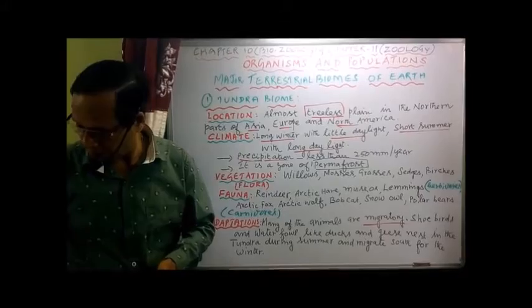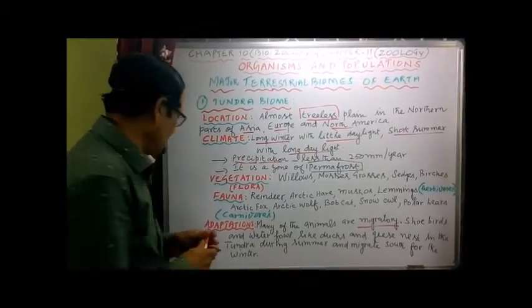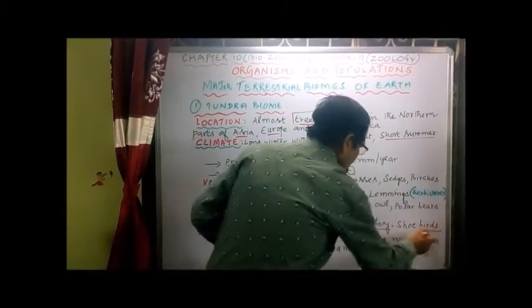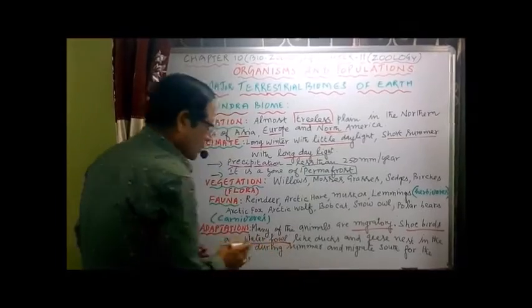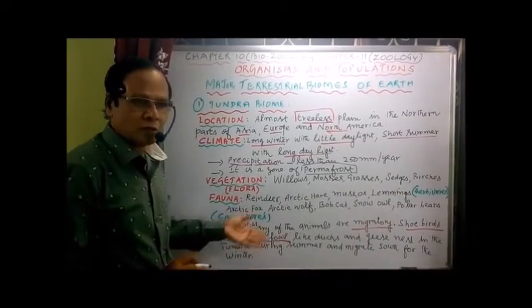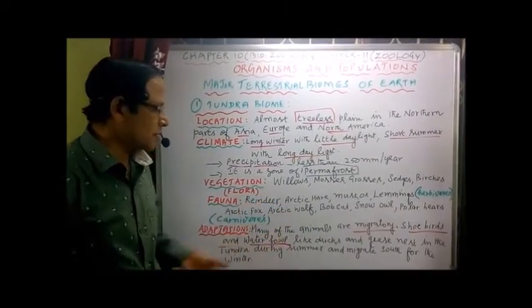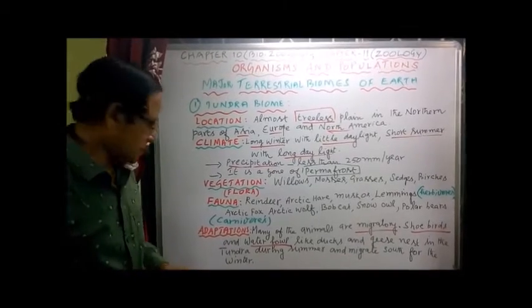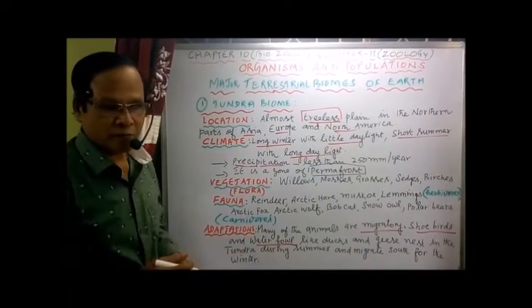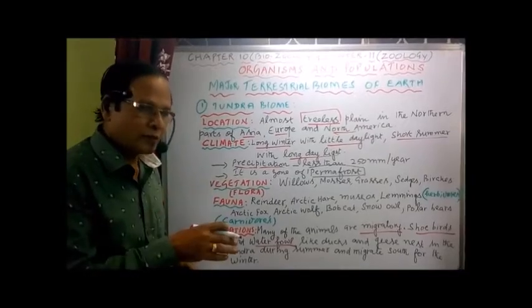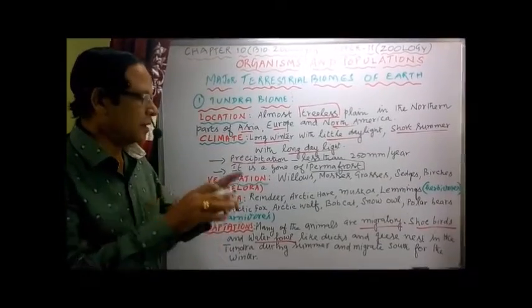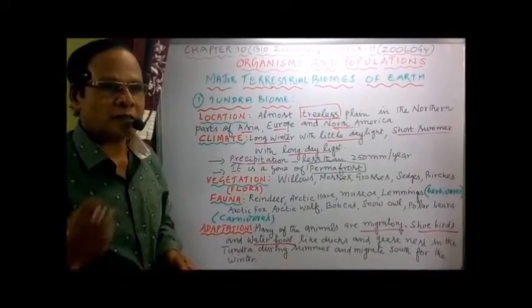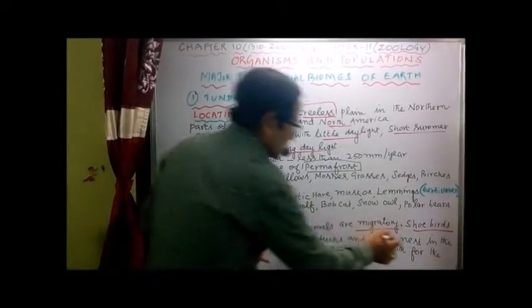The shorebirds, particularly the birds are migrating. Then waterfowl, shorebirds and waterfowl. And these waterfowl are nothing but the common birds, you know that one, the ducks and geese. They nest in tundra during summer. Nesting means actually living there, constructing a nest, laying the eggs and incubating and hatching. This is what is called nesting.